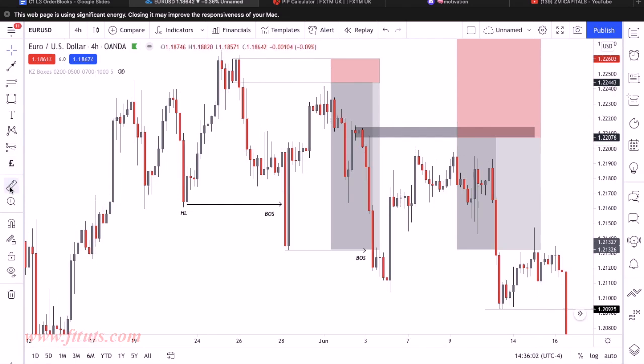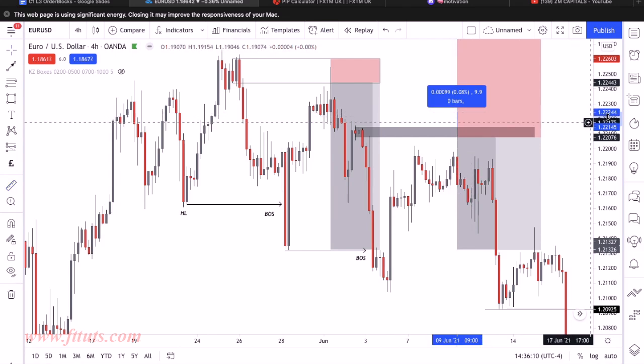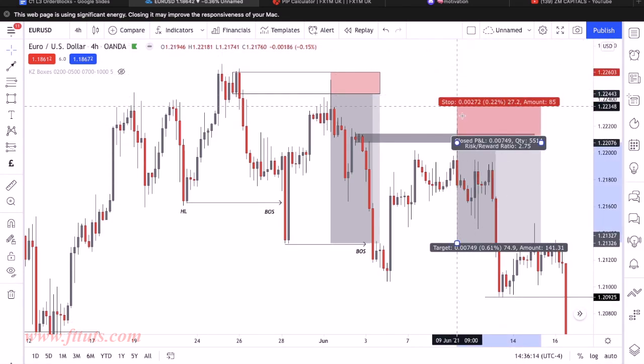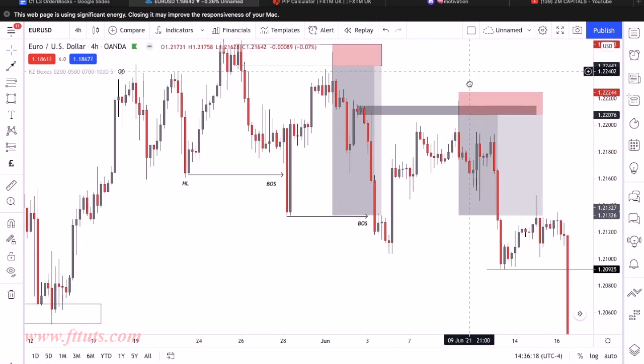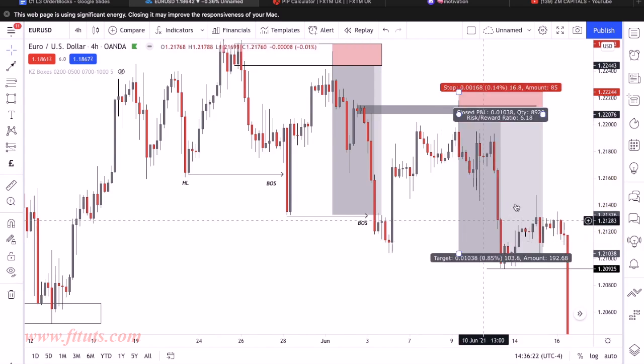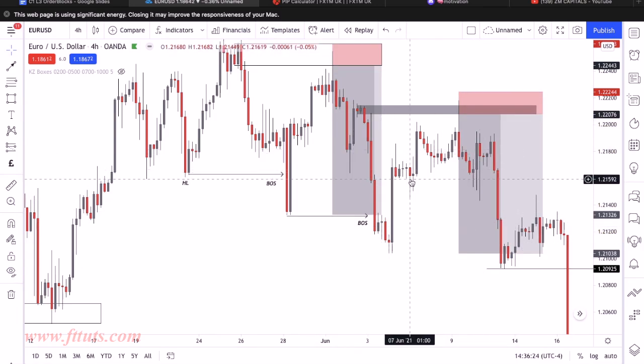So if we mark out 10 pips above this, that would be right over here at 22244. Cool. So we'd have our stop loss at 222. There we go. We'd have our stop loss here, and would again target these lows, right? So you'd have gotten 2 trades using these examples.